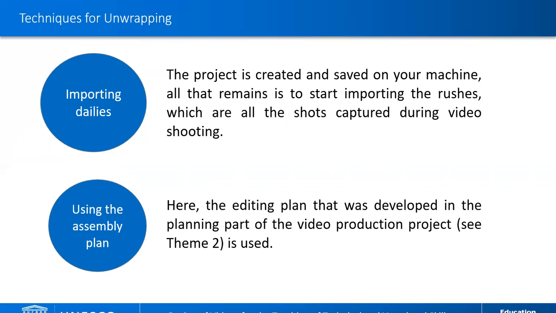Importing dailies. The project is created and saved on your machine. All that remains is to start importing the rushes, which are all the shots captured during video shooting. Using the assembly plan. Here, the editing plan that was developed in the planning part of the video production project is used.